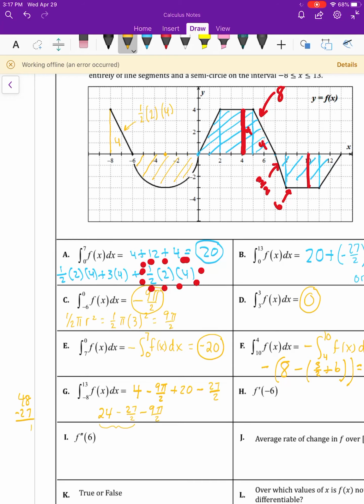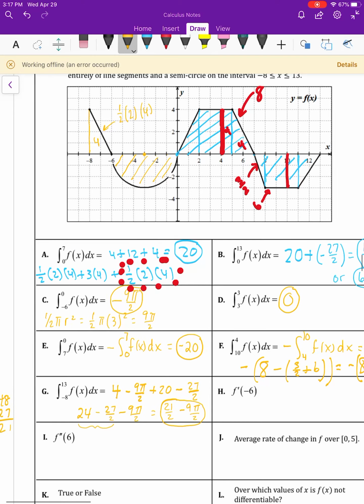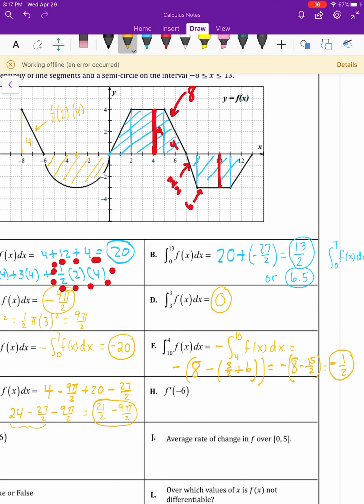But we can combine these two. So 48 halves minus 27 halves is 21 halves minus 9 pi over 2. And that is the best you can get there, because you can't combine those.